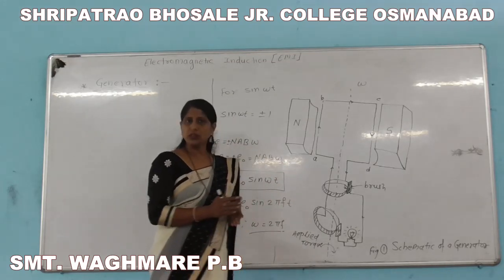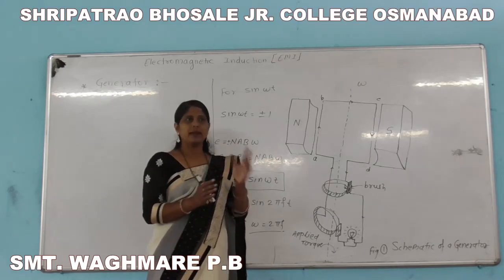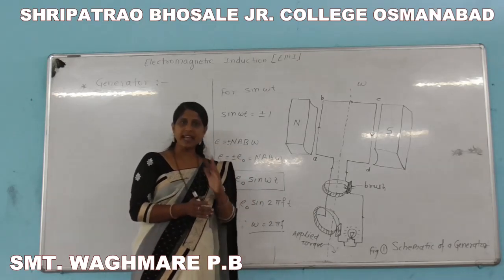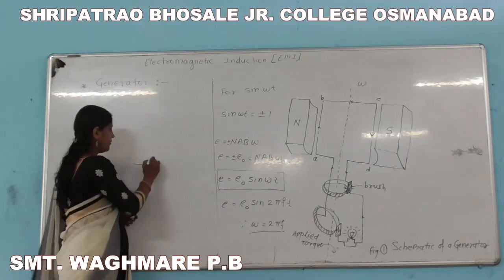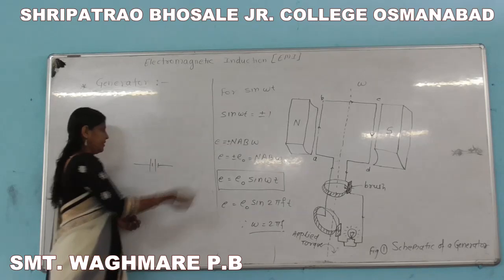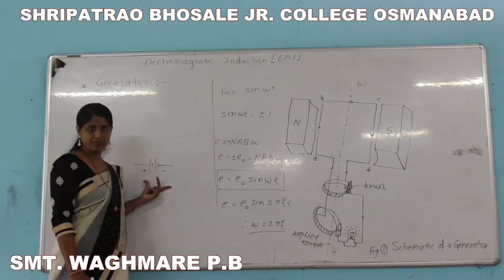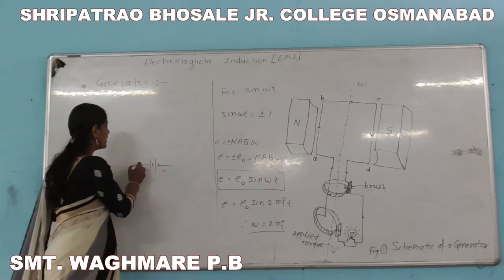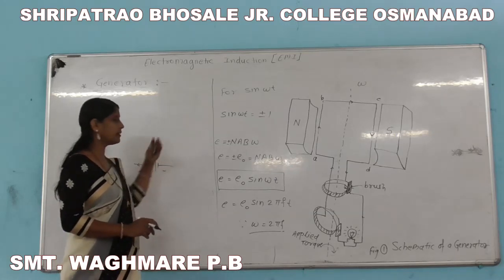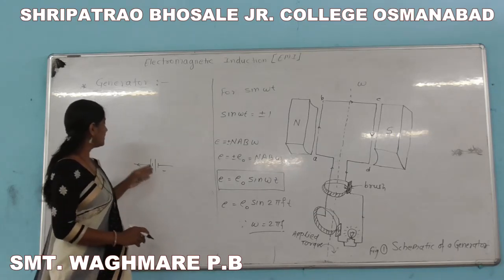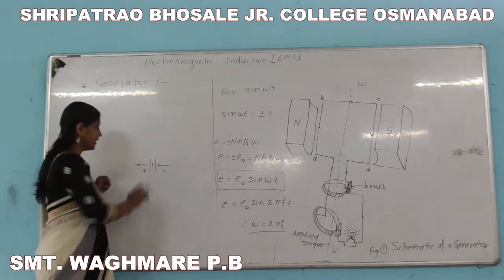When we use a battery or cell in any electrical circuit, that current is direct current, because the direction of current remains unchanged at every position, or after some time. The direction of current will be the same in the closed circuit.